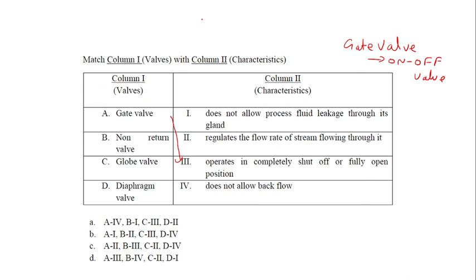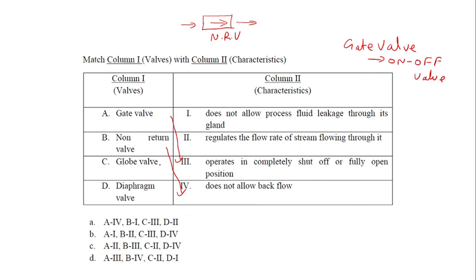In a check valve or NRV, the direction is always marked, and the flow happens only in that direction. So here option B corresponds to 4. Non-return valve does not allow backflow.